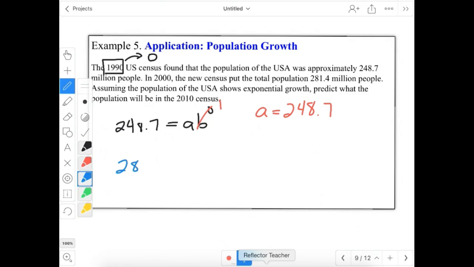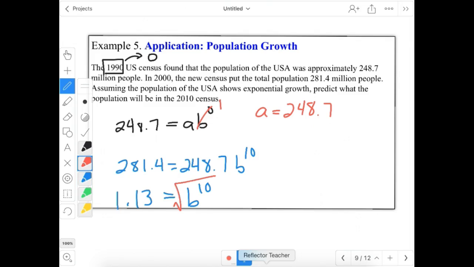So we have 281.4 is equal to 248.7 times b to the 10th. So we're going to have to do a little bit of algebra. So we should have 1.13 is equal to b to the 10th.